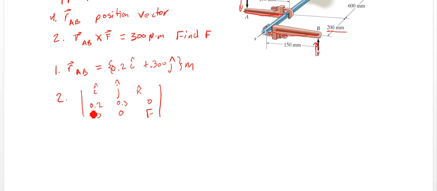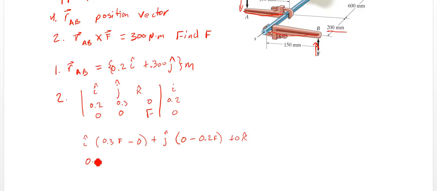So now we'll take that moment. I'll just copy my first column over. i 0.2, 0. I'm going to have i times 0.3 F minus 0 times 0 plus j times 0 minus 0.2 F. And then in k, I'm going to have 0 and 0 plus 0k.